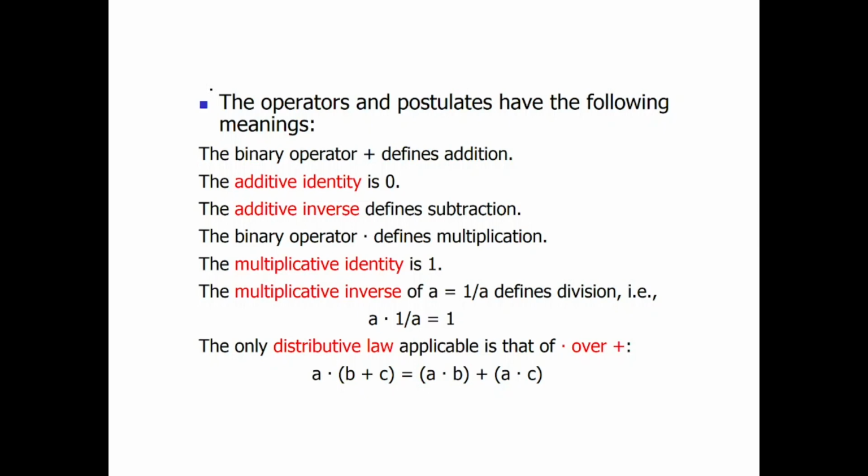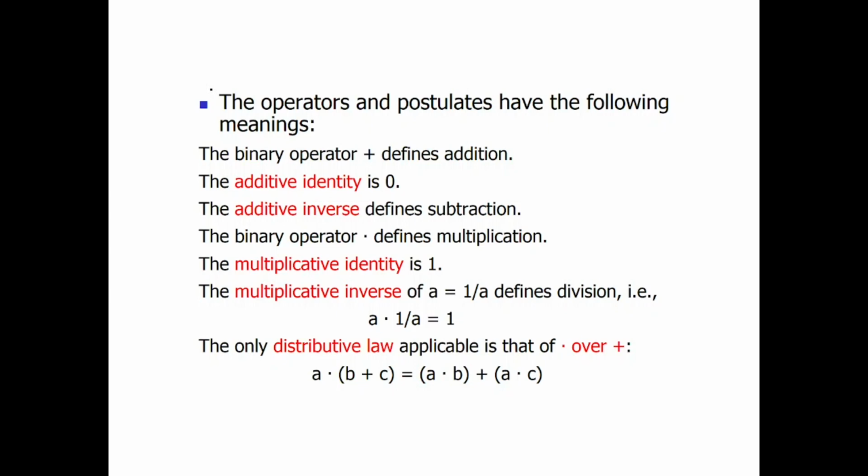And the binary operator dot defines multiplication, the multiplicative identity is 1, and the multiplicative inverse of a is 1 by a, which defines division, that is a into 1 by a equal to 1.